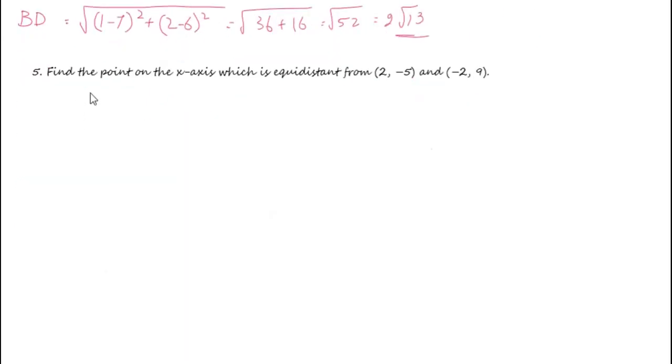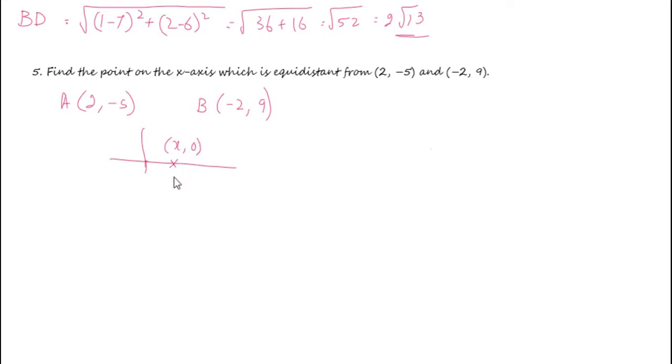Next exercise: find the point on the x-axis which is equidistant from (2, minus 5) and (minus 2, 9). A is (2, minus 5), B is (minus 2, 9), and there is a point on the x-axis. Since it is on the x-axis, the coordinates of this point are (x, 0), because the y coordinate is 0.